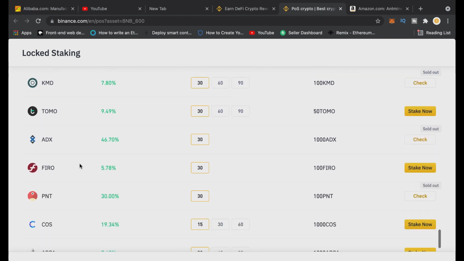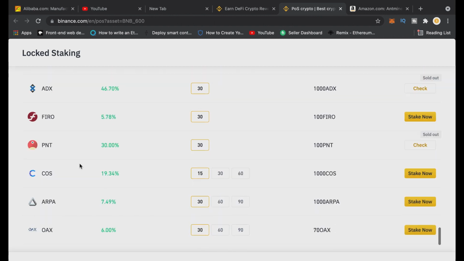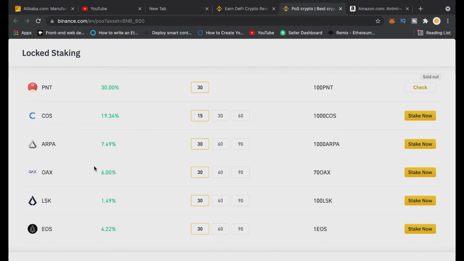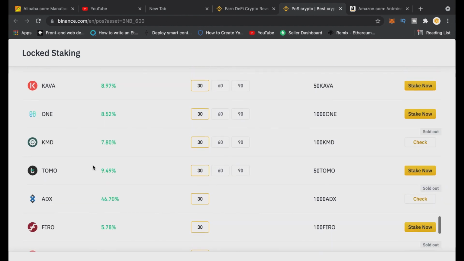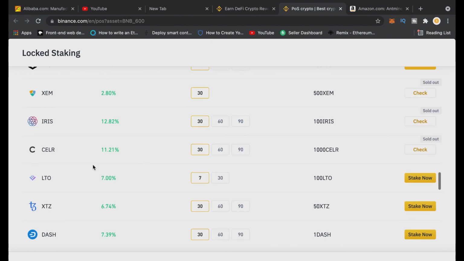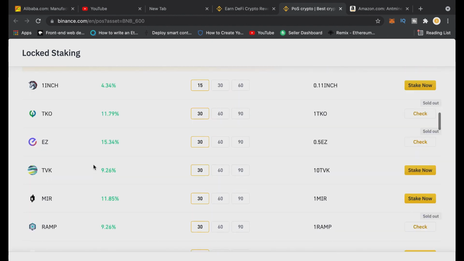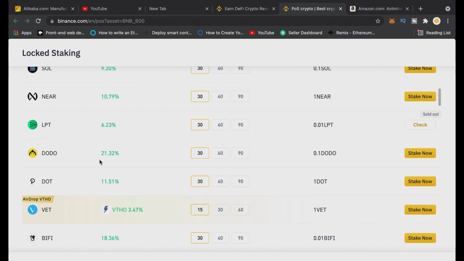Guys, you can just decide to lock any of these, just take any of these.